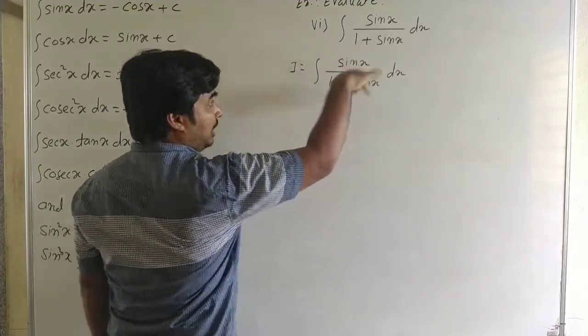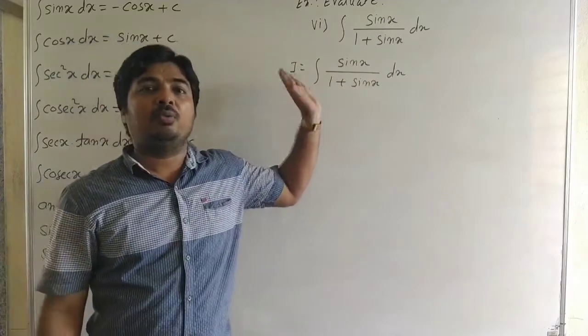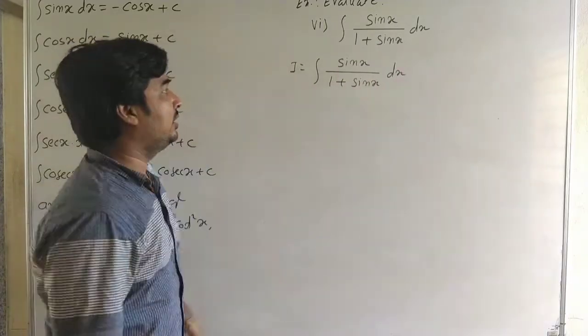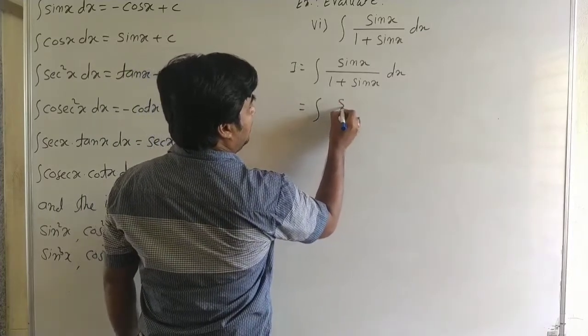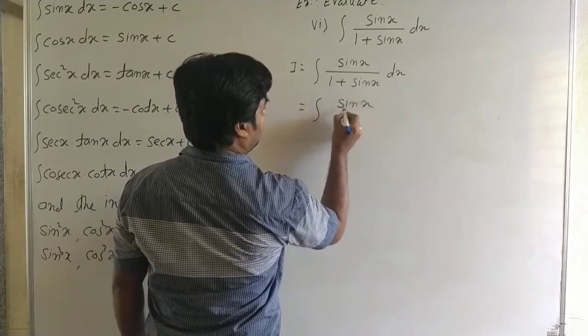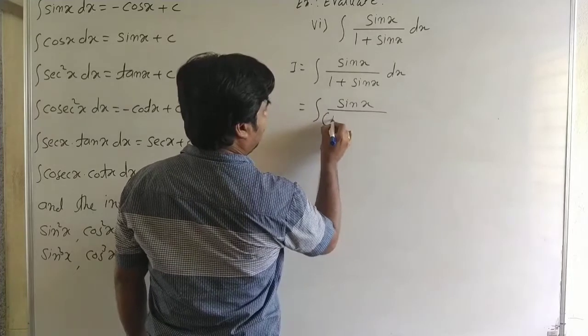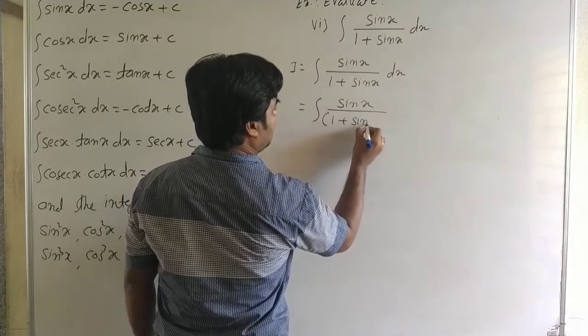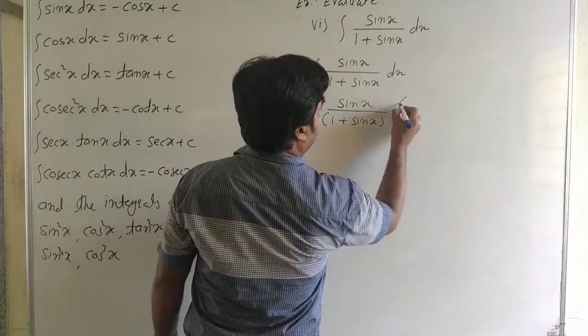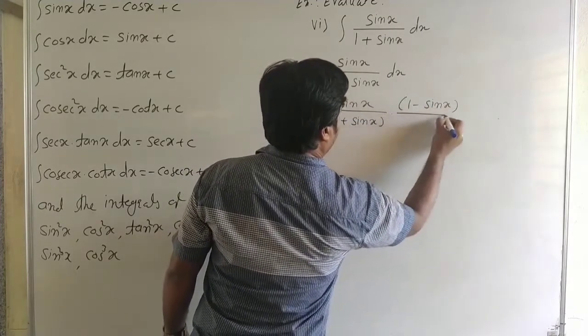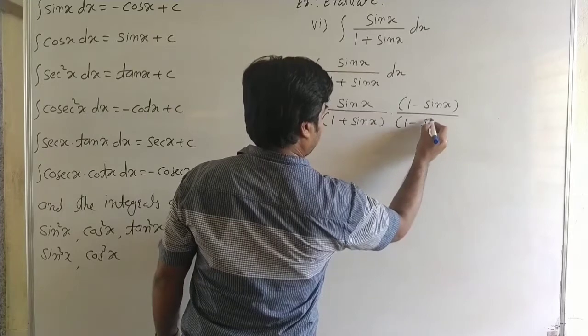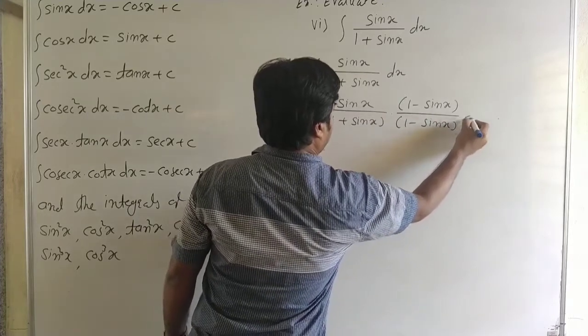When we multiply numerator and denominator by 1 minus sin x, we get a single term in the denominator. Here sin x upon 1 plus sin x into 1 minus sin x upon 1 minus sin x dx.